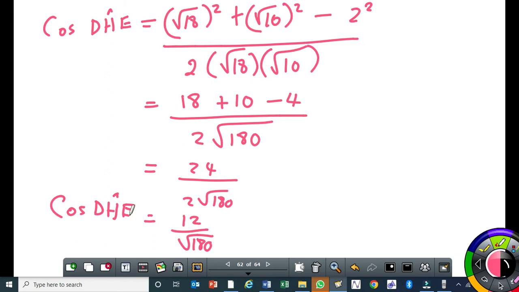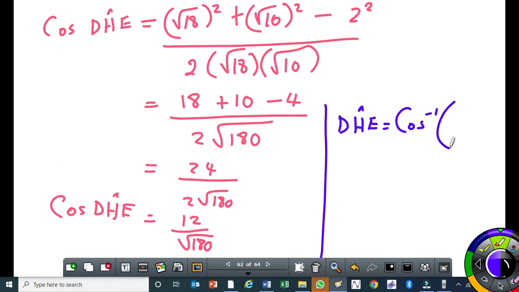Now you can start smiling when you get here. If you smile, you get DHE is equal to shift cosine of 12 over square root of 180.